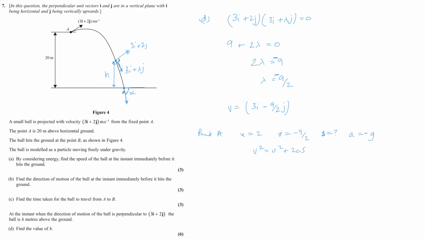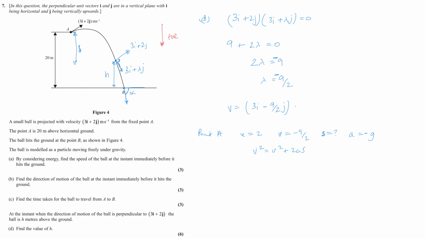Now before we start, I'm going to take downward as positive, because this distance here is s. If I didn't take downward as positive, that s would also be a negative value.